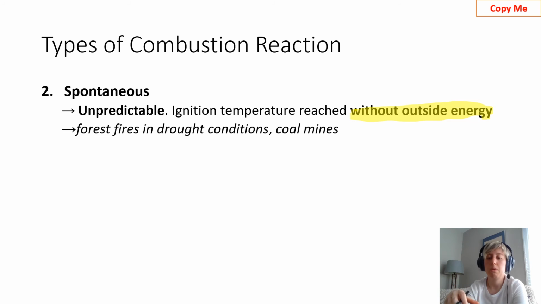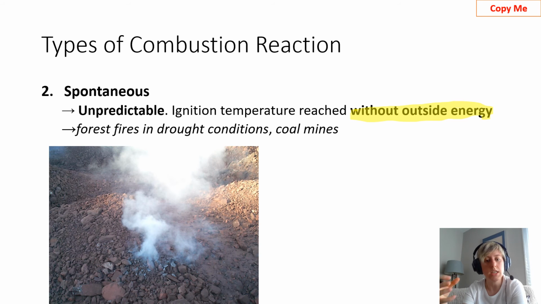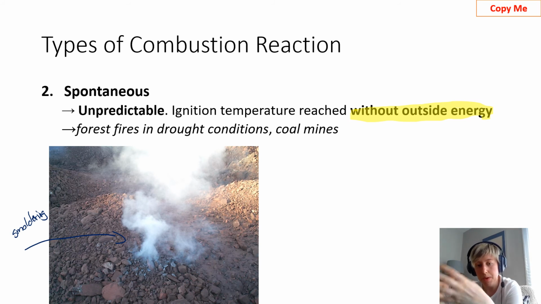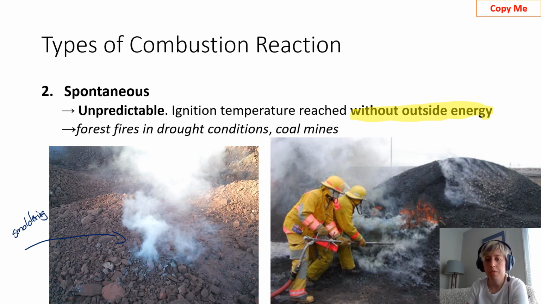Another type of area where we would see this naturally would be actually in coal mines. So what happens when we have coal piles is that we will see smoldering. And the smoldering is just the lack of oxygen, lack of air circulation happening in the pit, and then the coal starts being lit, and you'll actually have embers and fires happening within the coal piles.